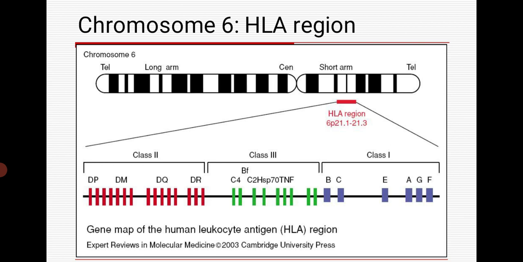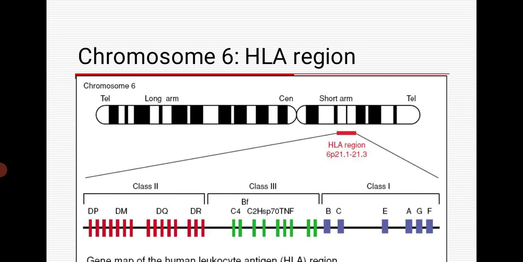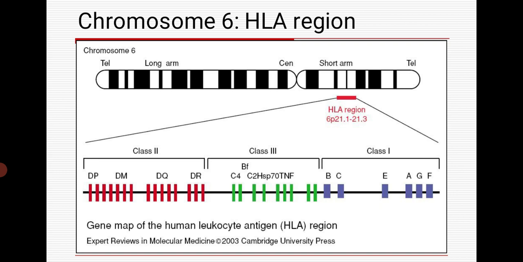The HLA, human leukocyte antigen region, is coded on chromosome number 6, on the short arm of chromosome number 6. This is class first, class second and class third. Gene map of human leukocyte antigen.